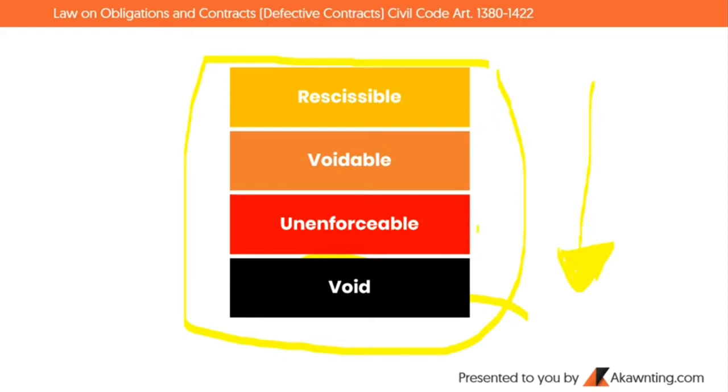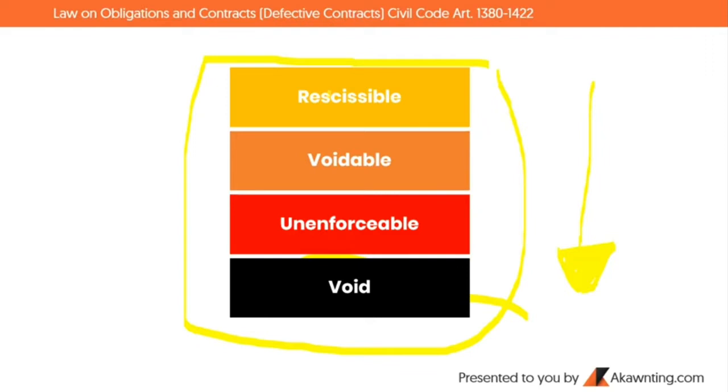Pagdating rin natin sa unenforceable contract, yung unenforceable contract, initially hindi rin siya binding, pero may chance na maging binding pa siya. Okay? So, hindi po incident na ganyan po ang pagkaka-arrange. Ibig sabihin, void, pinaka hindi binding, unenforceable, yung susunod sa void, and so on and so forth. Okay?